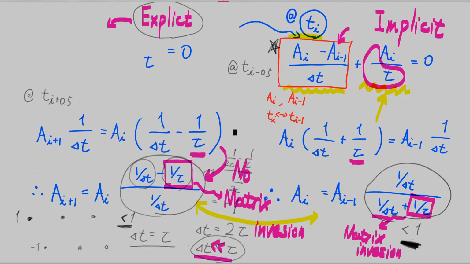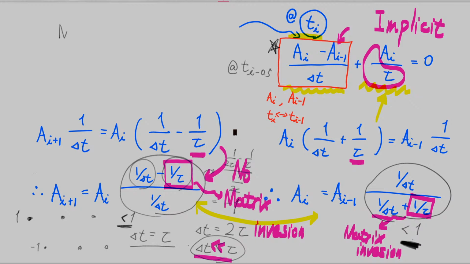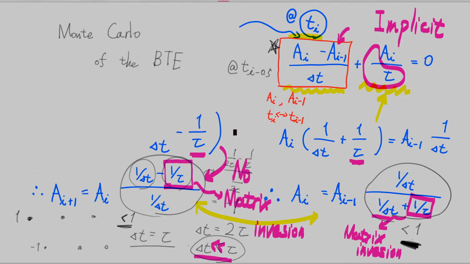Of course, Mr. Park has heard about the Monte Carlo method, but this is not the right context in our current discussion. When I say Monte Carlo method, in this case, I mean Monte Carlo simulation of the Boltzmann transport equation. When you consider the Boltzmann transport equation, typically we adopt the Monte Carlo method.